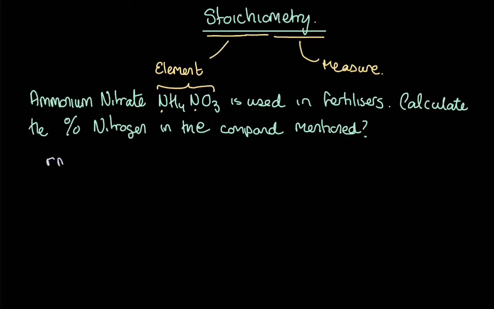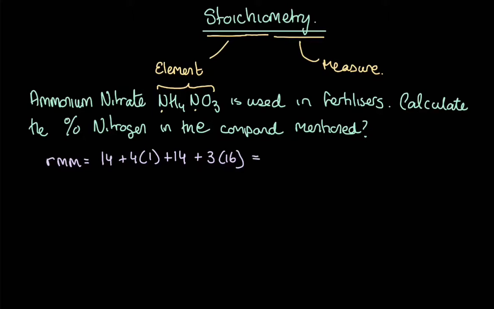So I'm going to write out the relative molecular mass of the whole compound first of all. So we have a nitrogen, which has a relative atomic mass of 14. We have 4 hydrogens, each having a relative atomic mass of 1. Another nitrogen, and 3 oxygens, which have a relative atomic mass of 16.